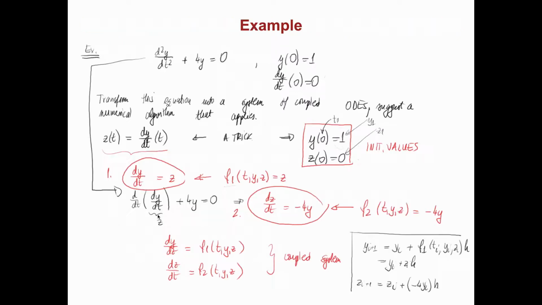So let's actually do an example. Let's do d squared y/dt squared plus 4y equals 0. I'm going to actually switch to writing. So let's see one example.